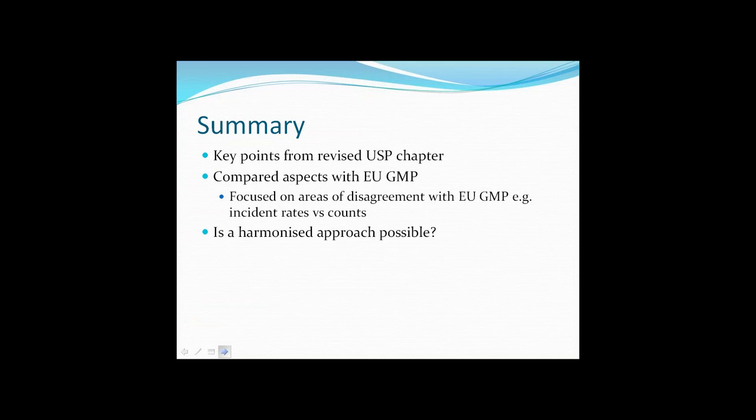On balance, I'd say USP 1116 is a useful chapter. I speak for many people when I say it would be very good if we could move towards harmonisation of guidance in relation to sterile product and aseptic processing, and the USP has made a step forward.